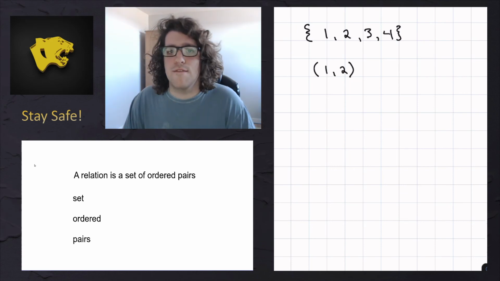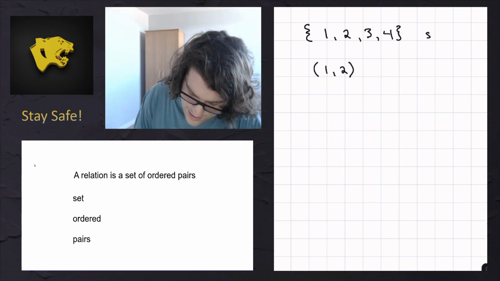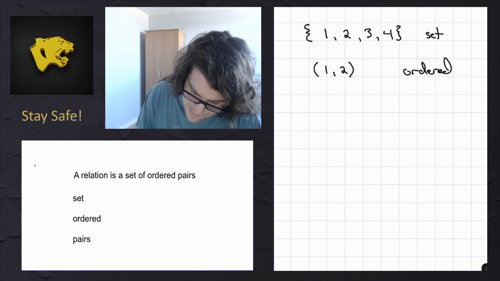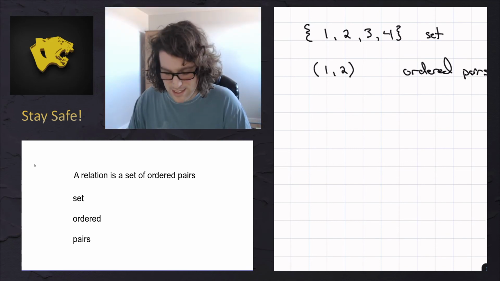Mathematically, if we were to write it in a very similar way to a set, sets involve curly braces, ordered pairs involve round brackets. Both of them have commas that separate the different pieces.